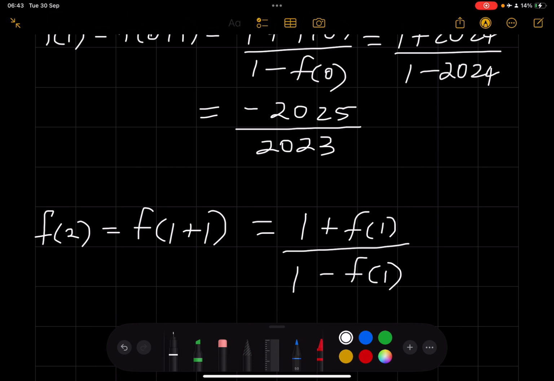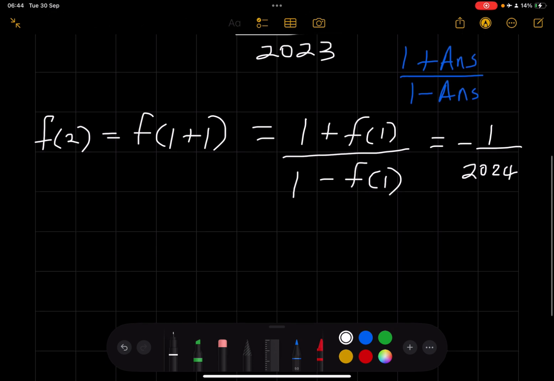To be efficient, you can press 1 plus ans, all over 1 minus ans, to avoid retyping it over and over again. That will give you negative 1 over 2024, and that is f(2).